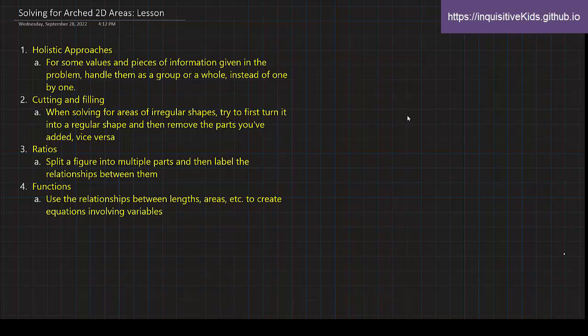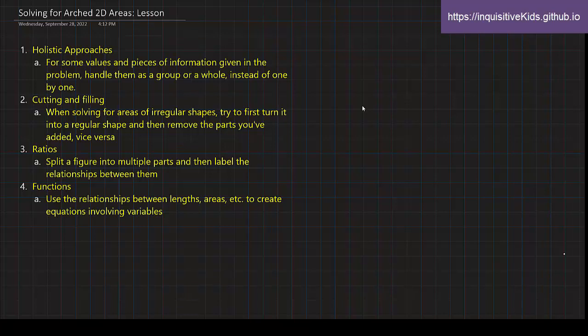A lot of the time we might group things together, because two small parts might be super hard to find, but put together it's easier. Number 2, cutting and filling. If you're being asked to find the area of a random irregular shape, what you can first do is turn it into a regular shape.